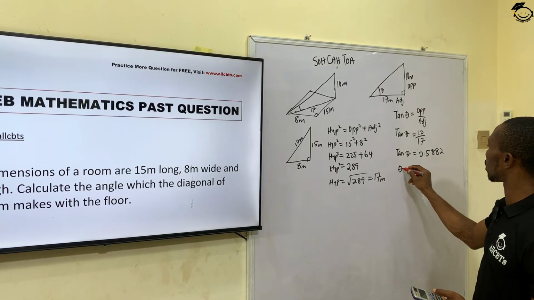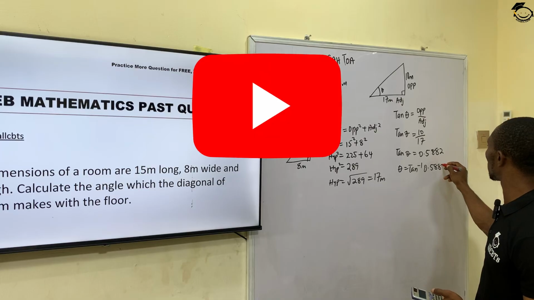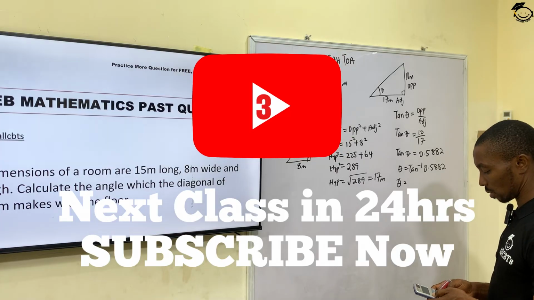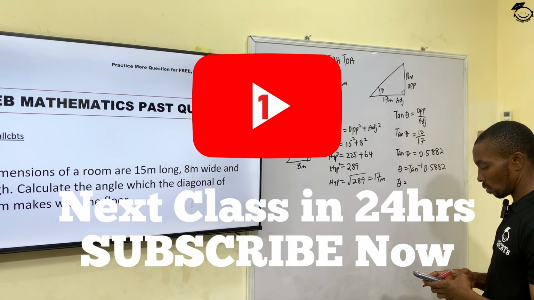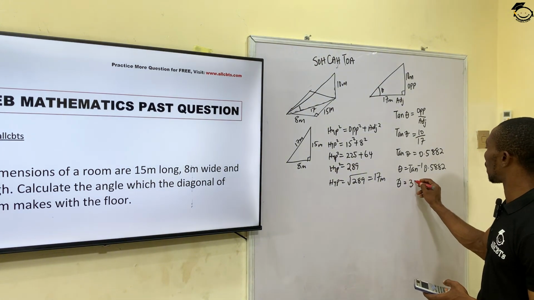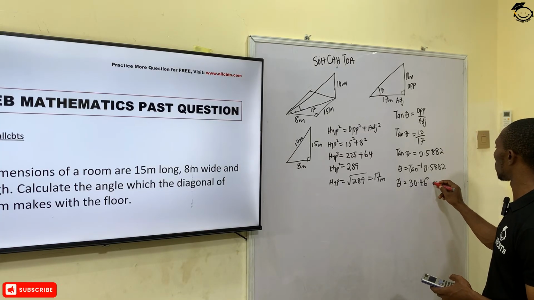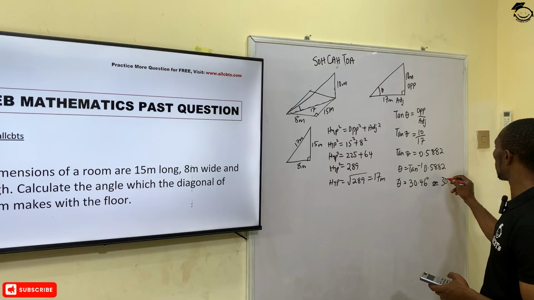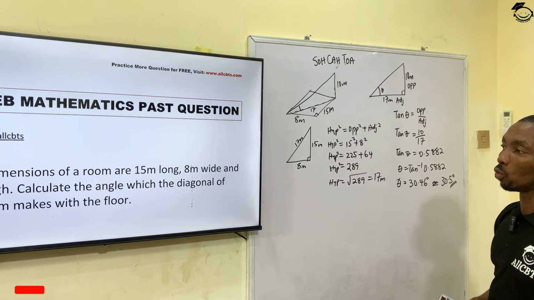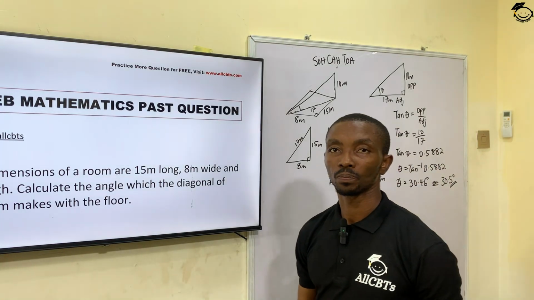So our theta would be tan inverse of 0.5882, which gives us 30.46 degrees, or to one decimal place, 30.5 degrees. So we have found the angle which the diagonal of the room makes with the floor.